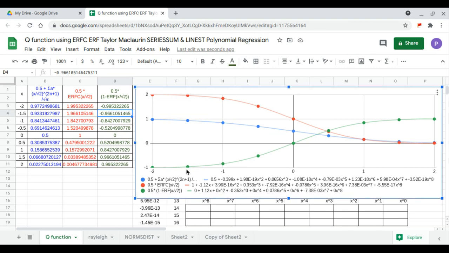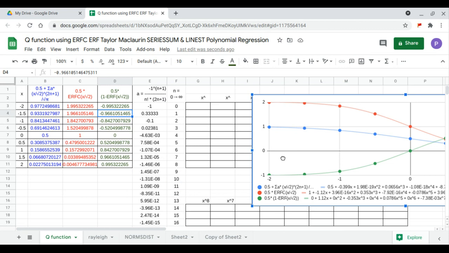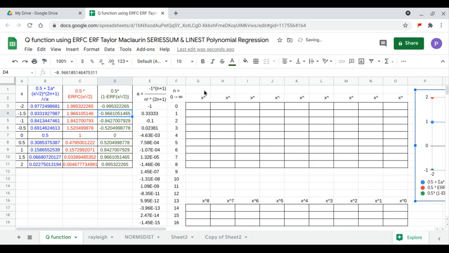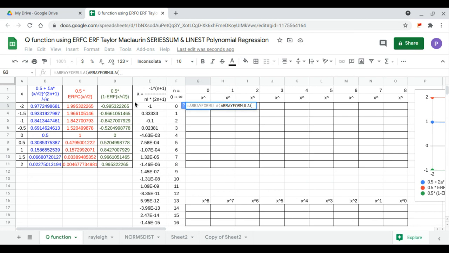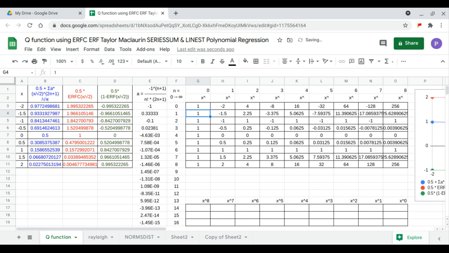Next, we'll calculate the regression coefficients using LINEST. To do that, we complete the LINEST matrix starting with the power transpose from 0 to 8. And now we enter the elements of the matrix, R a formula of the x values raised to the power 0 to 8. Enter.